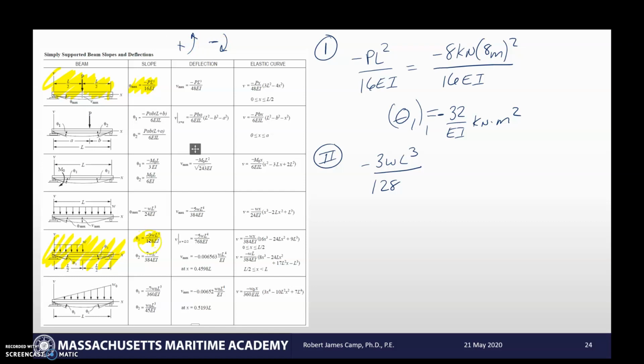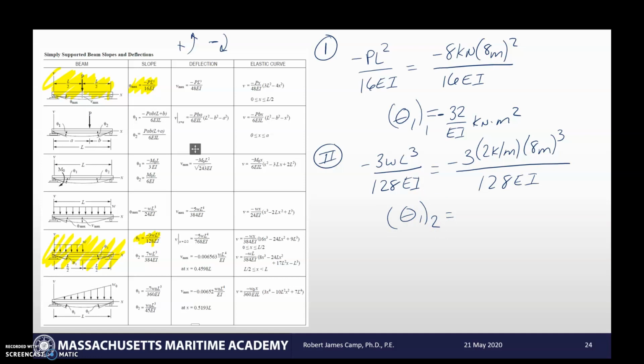So negative 3 times 2 kilonewton per meter times 8 meters cubed over 128 EI. As we can see here, we're going to end up with the same units of kilonewtons times meters squared, which means that we will be able to add everything together, which is good, because that's what we want.